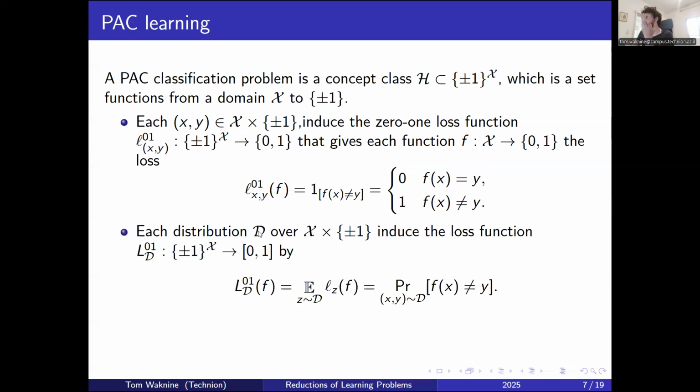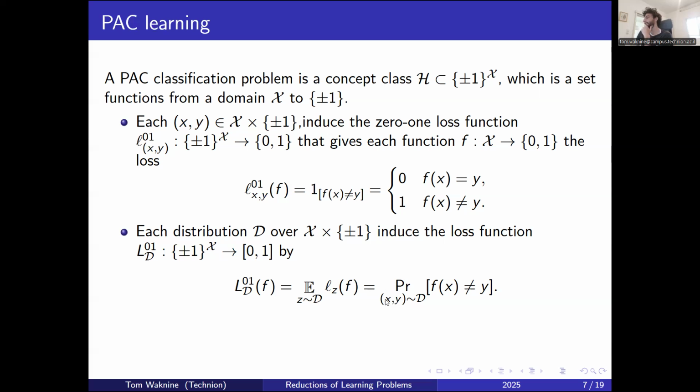Then each distribution over X cross plus or minus 1 is like the learning problem. You want to learn the distribution. You want to output a function that, on a new sample from this distribution, if you only see the x, you can also predict the y. So a distribution induces a loss function L_D, where L_D of f is: you sample (x, y) from D and use the loss of f on this random sample point.